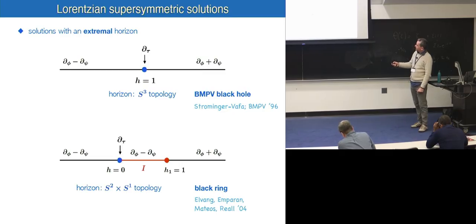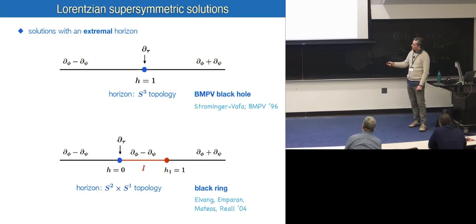But we declare that along this red rod here, the vector that collapses is not the same one that collapses at infinity, it is del phi plus del psi, but it is again the same vector that collapses on the other side, at the other pole of the horizon. So this represents a black ring. Why is that? Because at the horizon, the vector that collapses at the two poles is the same. So we are describing an S2, where the vector that collapses at the two poles is the same phi isometry, while the other one is not playing a role.